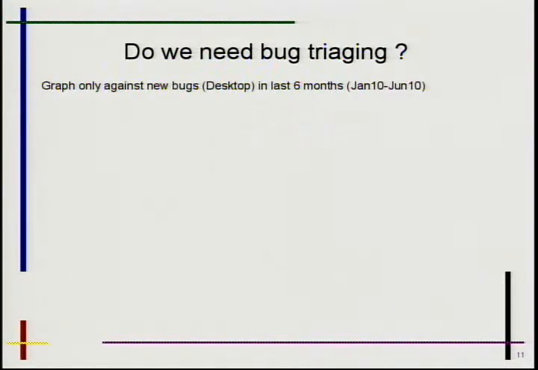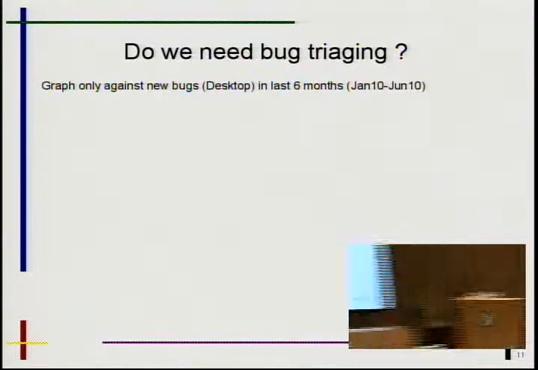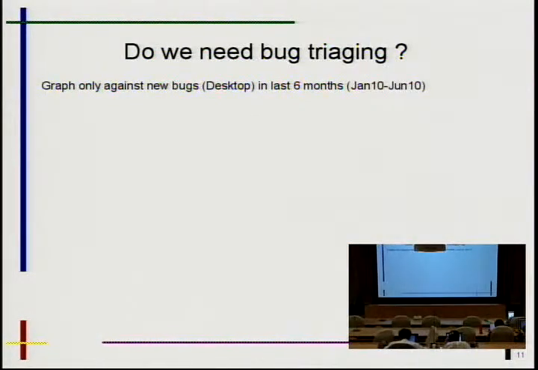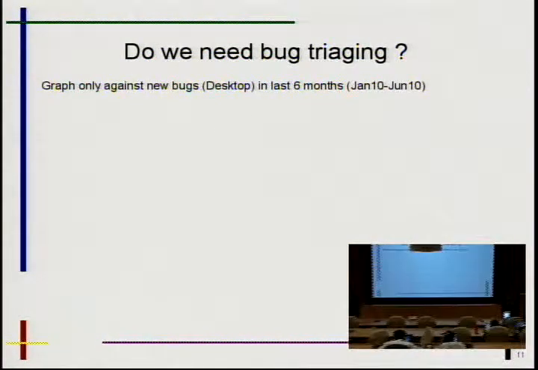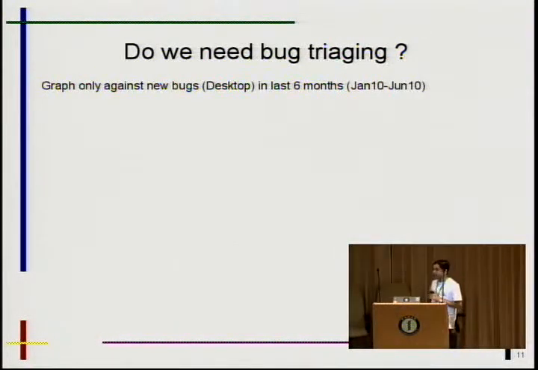So after we know what Bugzilla is and what is expected out of bug triaging, the next point is: do we really need bug triaging? As a normal process, it's exciting if you are a developer or you are supporting translation, and it's easy to get people involved in that.